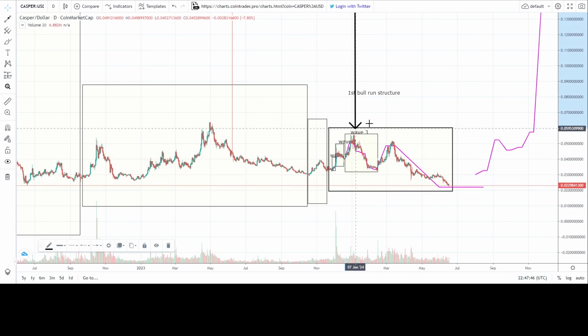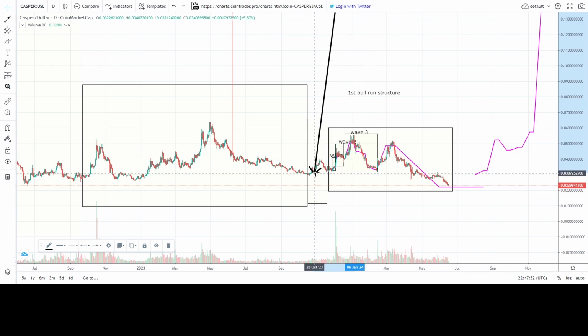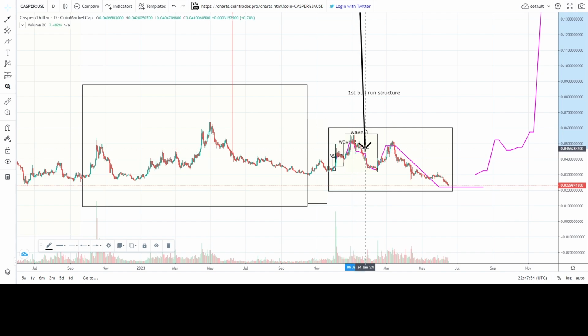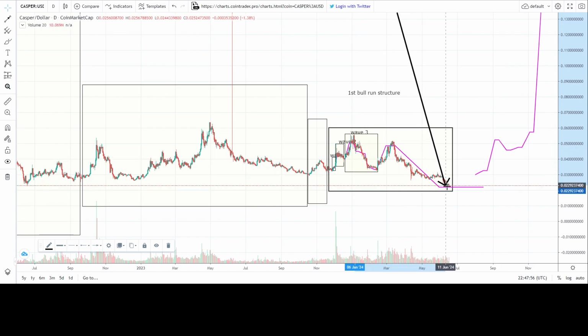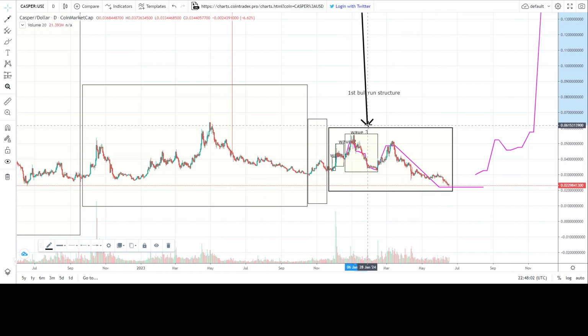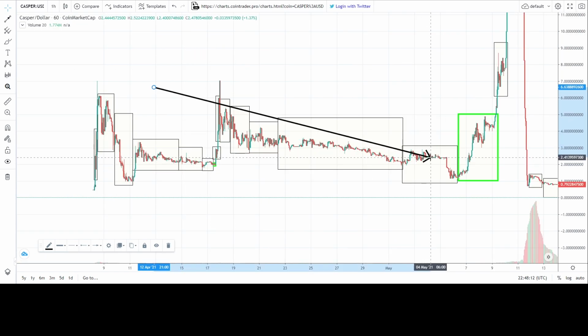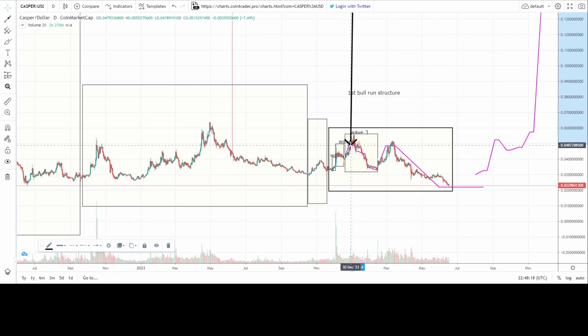But as this has played out, and my goal is not to be all over the map here, I can't help but question with this drop where it drops really low, could this just be a very large version of this bounce? Now, if we go back, it doesn't look the same. These bounces tend to be a bit more uniform without these massive peaks that we see over here.